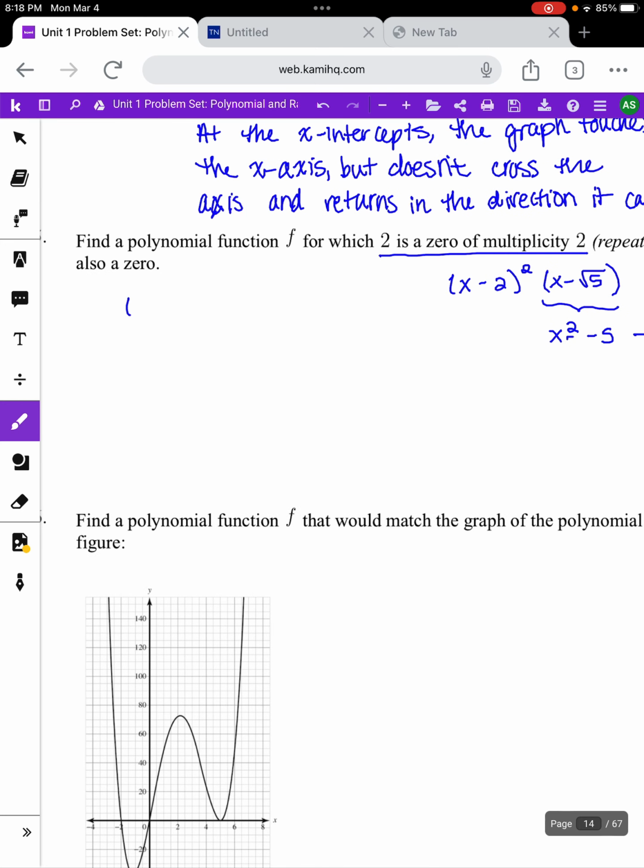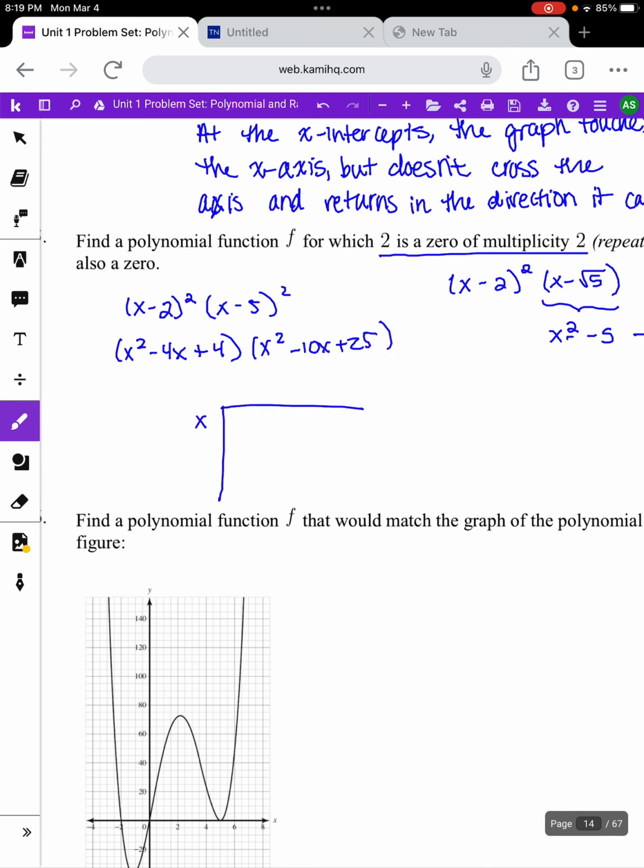So I have x minus 2 squared times x minus 5 squared. X minus 2 squared is x squared minus 4x plus 4. X minus 5 squared is x squared minus 10x plus 25. And now I just have to multiply these two guys together.